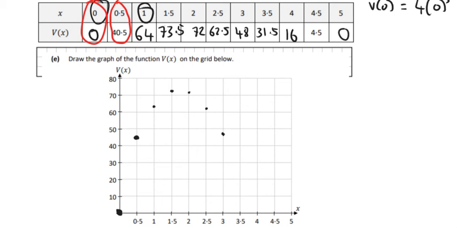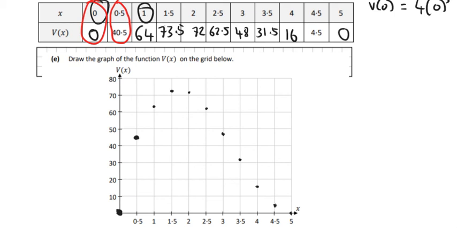So around there. 3.5 and 31.5. So even if you're a little bit off with these, you won't lose any marks as long as it's pretty much within the box or within the right side of the box that's given. So 4 and 16. So don't spend too much time trying to put the dot in perfectly right. 4.5, 4.5, and then the last one is 5, 0. So it's down here.